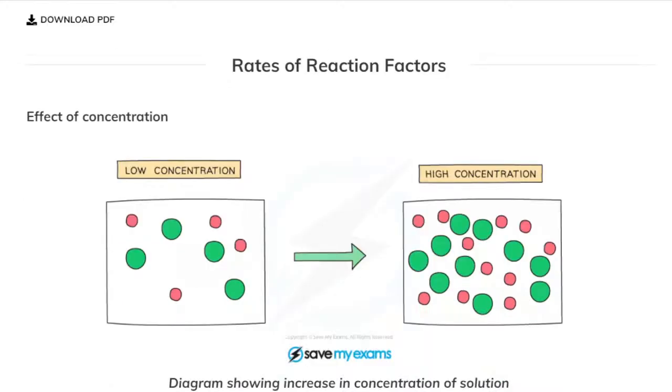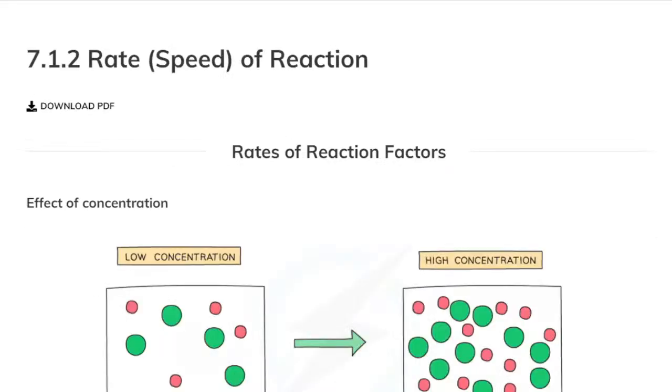So everything related to rates of a reaction in the chemistry IGCSE syllabus. If you do this syllabus for chemistry, then I believe this should be okay for you. Anyway, I think we will begin.